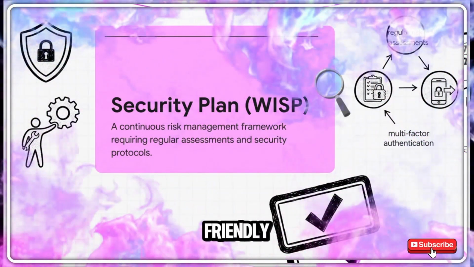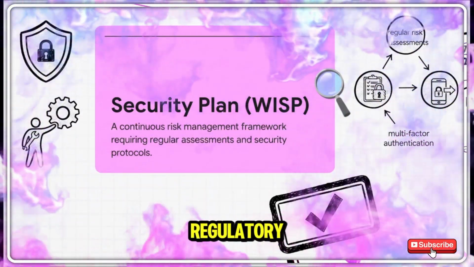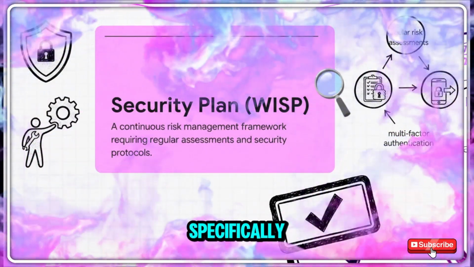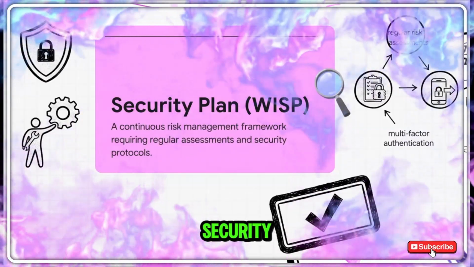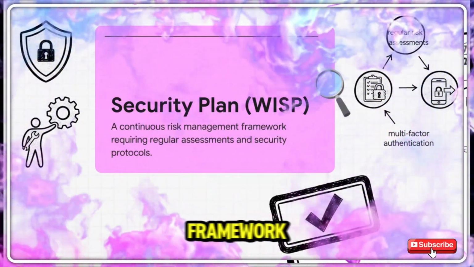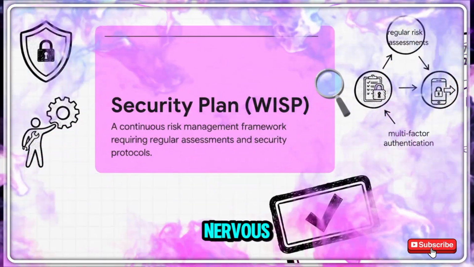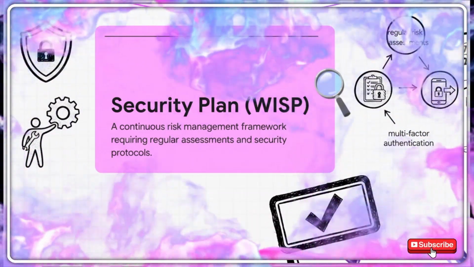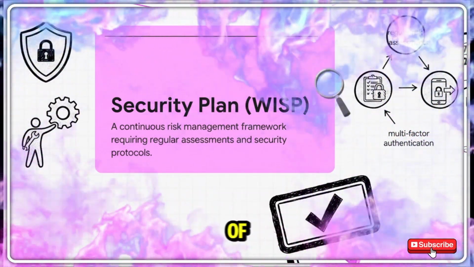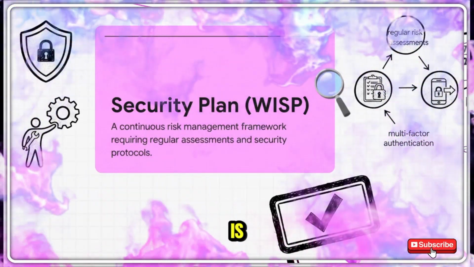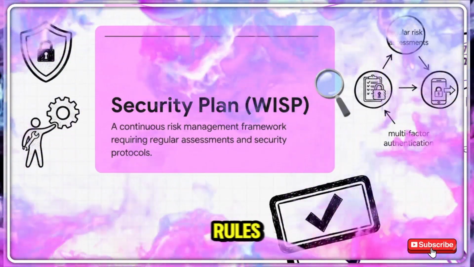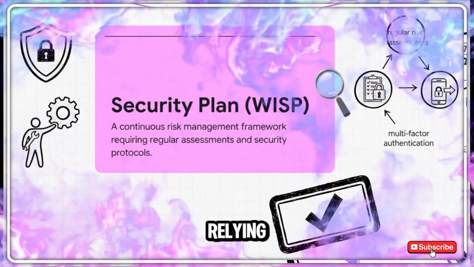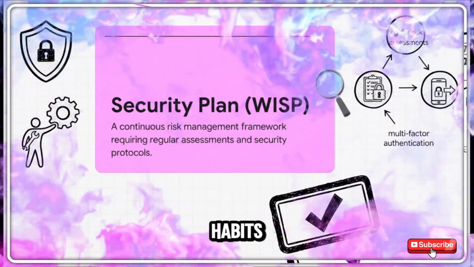This isn't just a friendly suggestion. It's a strict regulatory requirement designed specifically to force a proactive security posture. You can think of this framework as essentially the central nervous system of your digital operations. It ensures that every single piece of data moving through your practice is governed by explicit, clinical rules of engagement rather than just relying on blind trust and old habits.